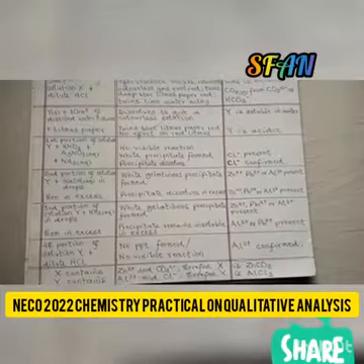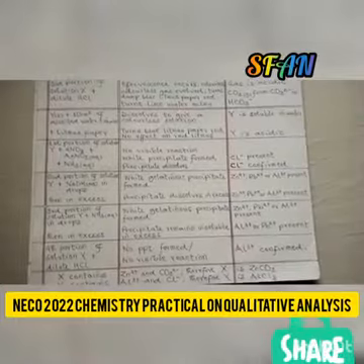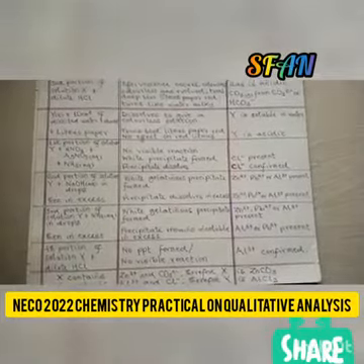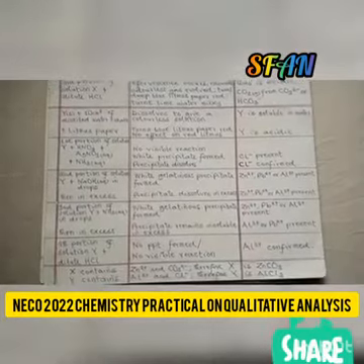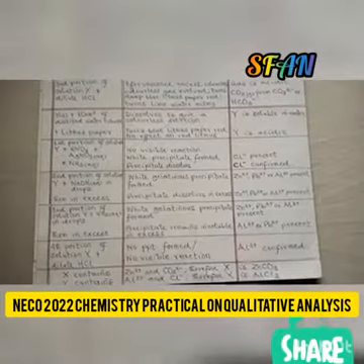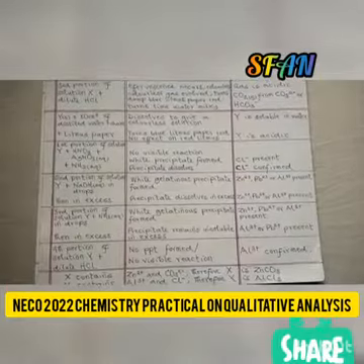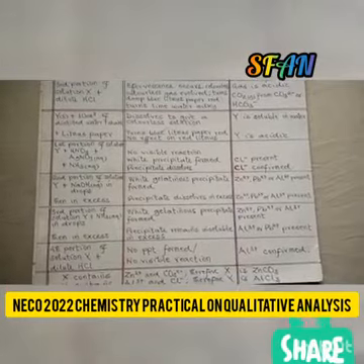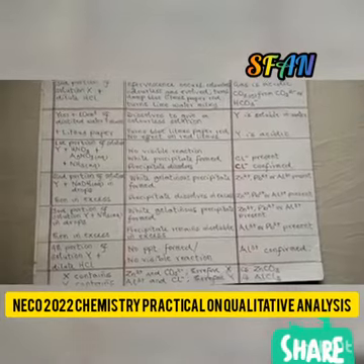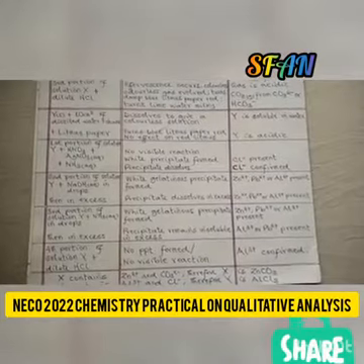Upon addition of the trioxonitrate(V) acid, we notice that CO₃²⁻, SO₃²⁻, S²⁻ was not present. So our inference is CO₃²⁻, SO₃²⁻, S²⁻ absent or not present.